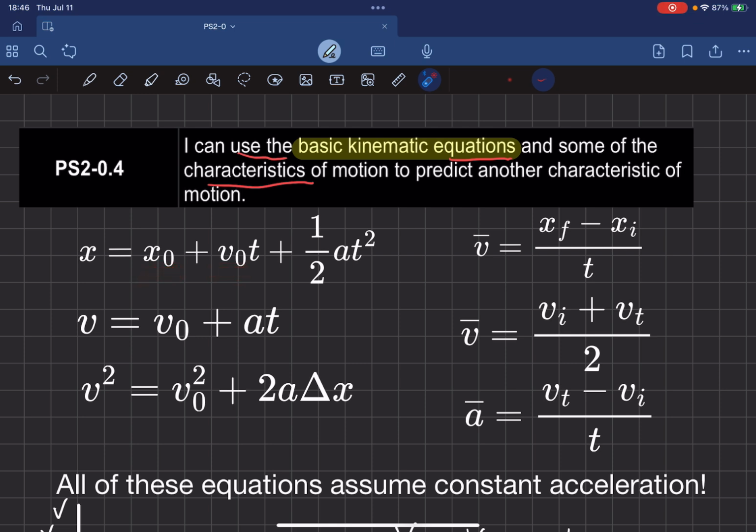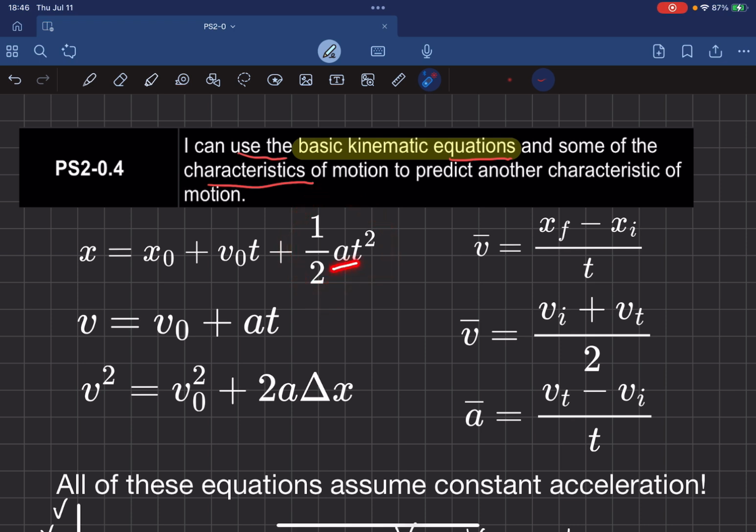So what this is saying is that the position at a later point in time is equal to a starting position, and a lot of times this is going to be 0, plus an initial velocity, so how fast you were going at time equals 0, times the time that has elapsed, plus 1/2 of the acceleration times time squared.